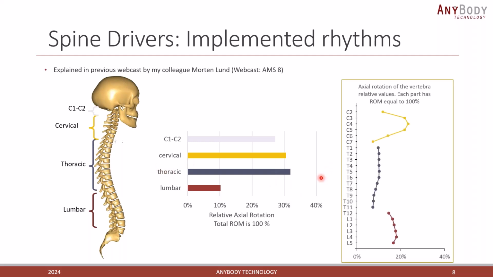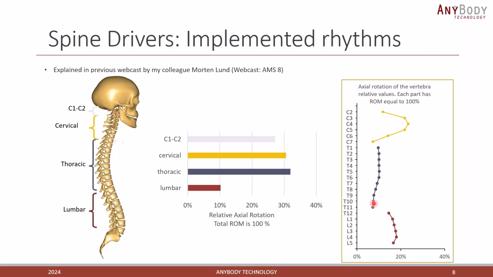From the literature, we also know how much each vertebra rotates. For example, this one is a little bit less than 20% of these 10%, and we have the data all the way up to C1.